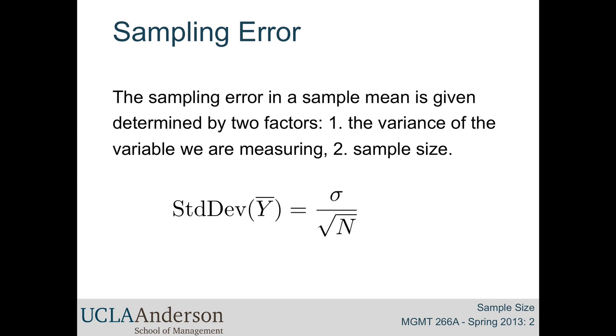Recall that the amount of sampling error in y bar is determined by the formula for the standard deviation of y bar, the ratio of sigma to the square root of n, where n is the sample size. What is sigma? Sigma is the variability of the population. For example, if every single person in the population that I'm interested in sampling from had exactly the same views on that attribute importance, then we need a sample of only size 1.